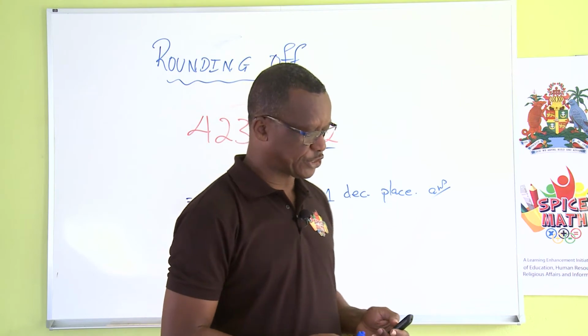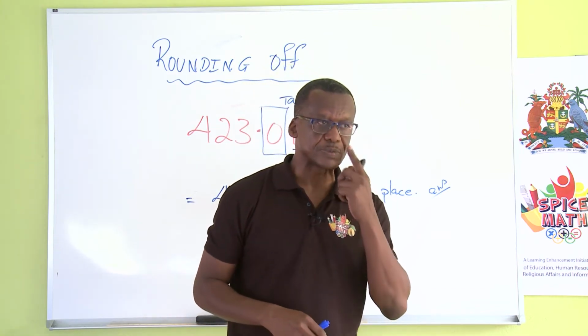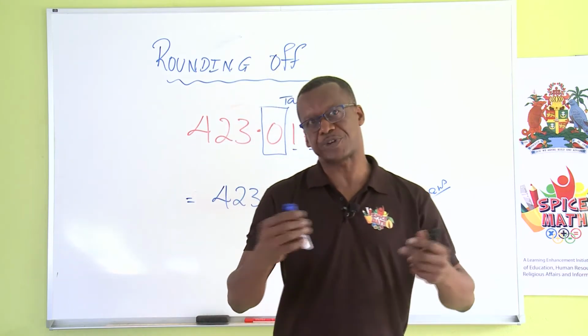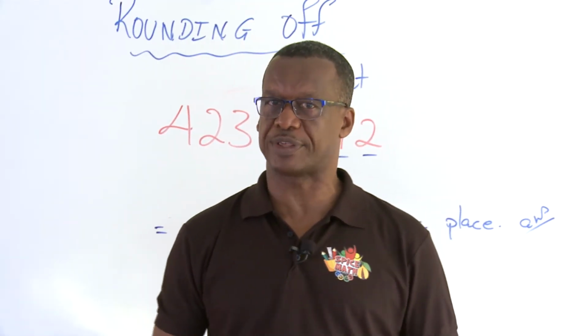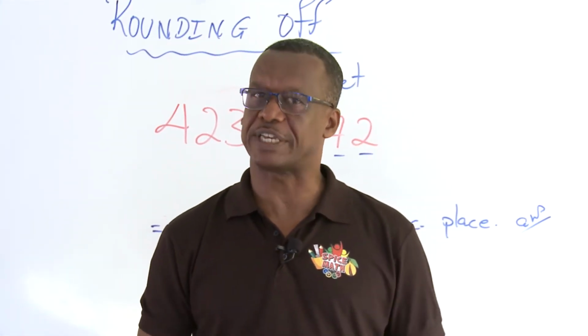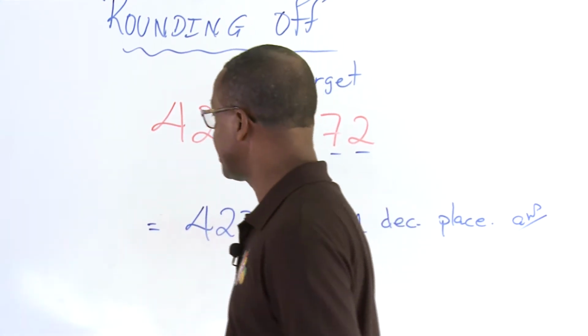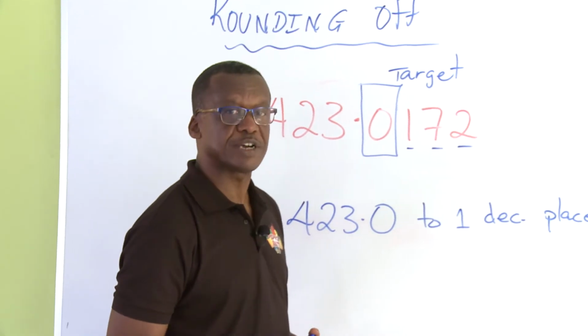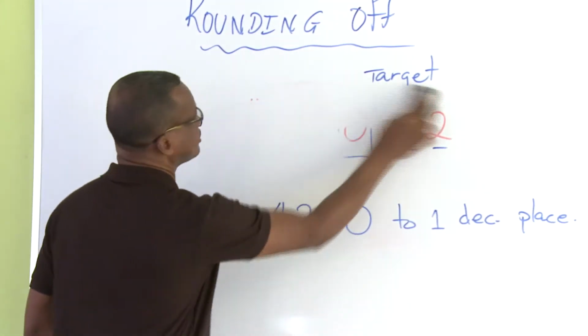What is a significant digit? Now, in a previous lesson, we mentioned that we're working with base 10 or the decimal system. And in that system, we have a total of 10 digits, starting with 0.